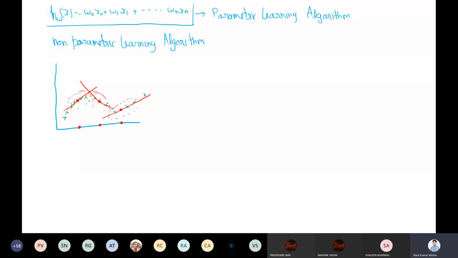And this methodology is known as locally weighted regression.